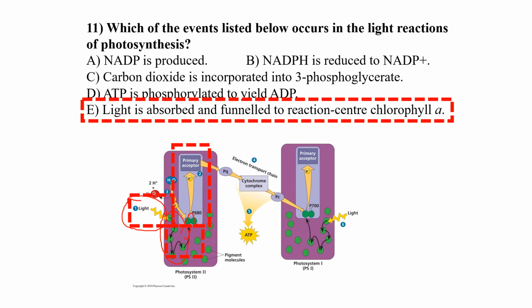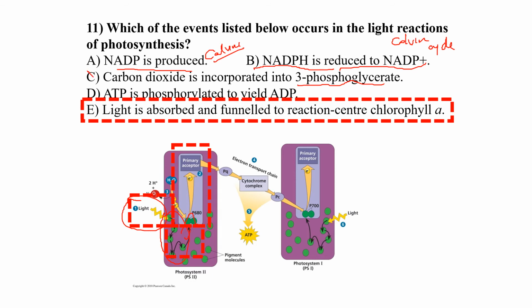So for example, the NADP is produced. No, this is produced in the Calvin cycle to recycle the ADP and the NADP plus. In B, NADPH is reduced to NAD plus. This happens in the Calvin cycle. And carbon dioxide is incorporated into this compound, 3-phosphoglycerate.